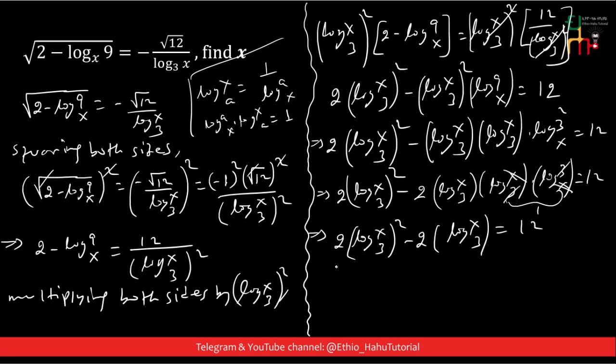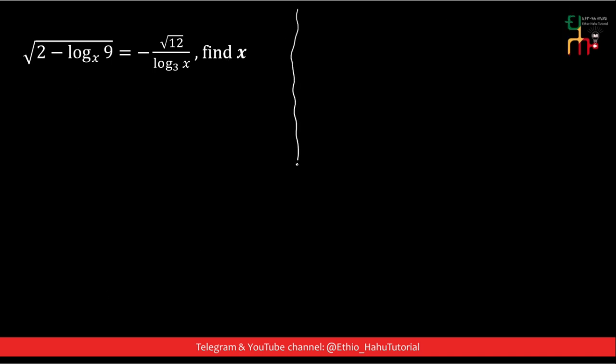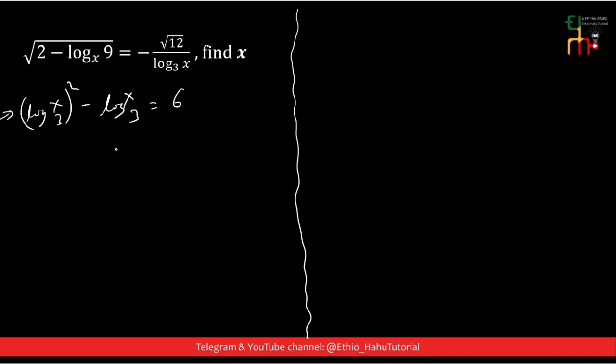Dividing both sides by 2, we get logarithm of x to the base 3 squared minus logarithm of x to the base 3 is equal to 6.